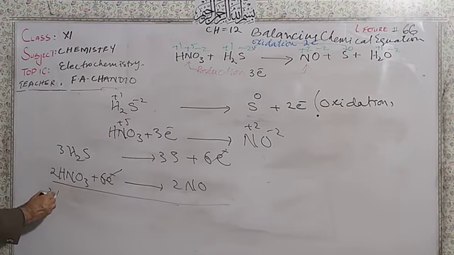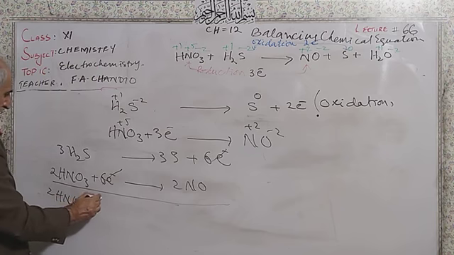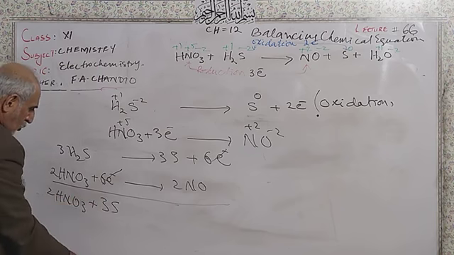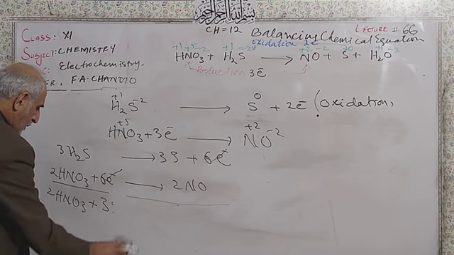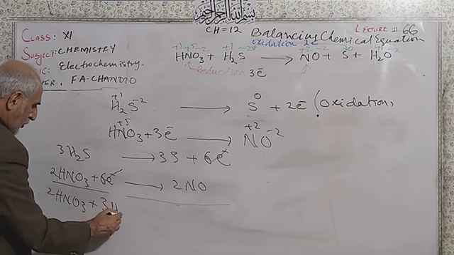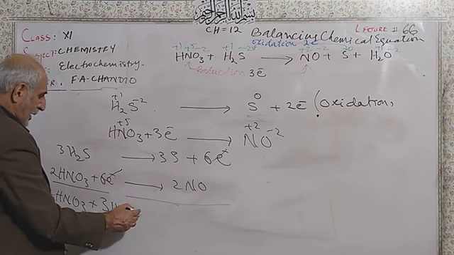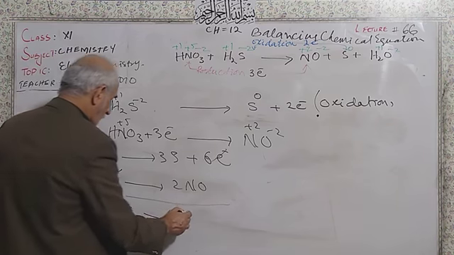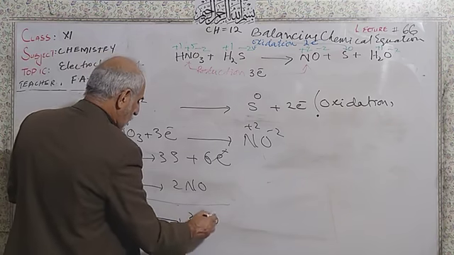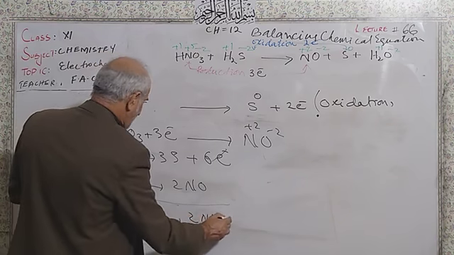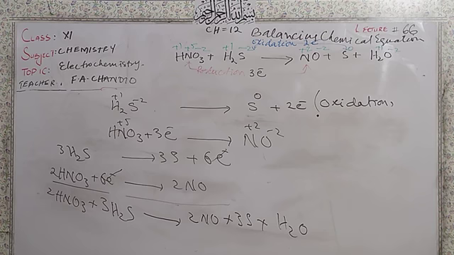You have the 2 nitric acid plus 3 H2S, and then to give 2 nitric oxide plus 3 sulfur, and there is also water in the overall equation. Now balance by yourself by hit and trial method.